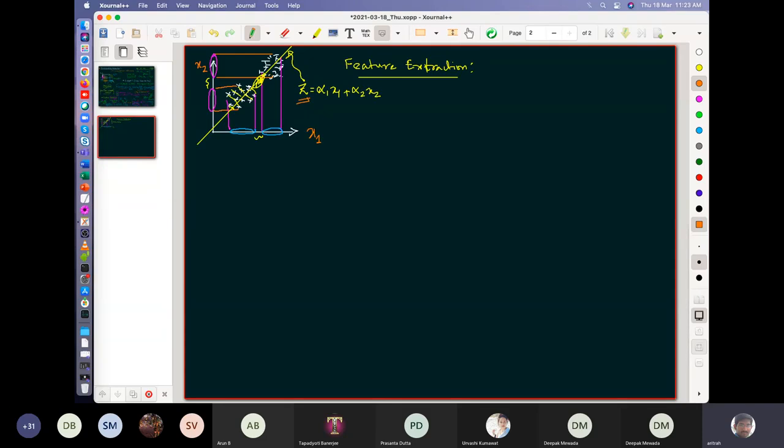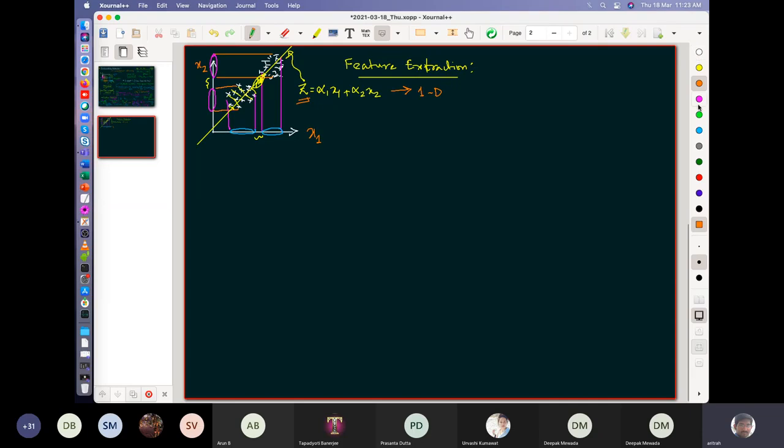Remember, this is also dimensionality reduction because this is only one dimension where I am projecting, right? However, it's not only x1 or x2. That means this x1 and x2 projection is a special case of this, where alpha 1 equal to 1 and alpha 2 equal to 0 gives you a projection on x1.